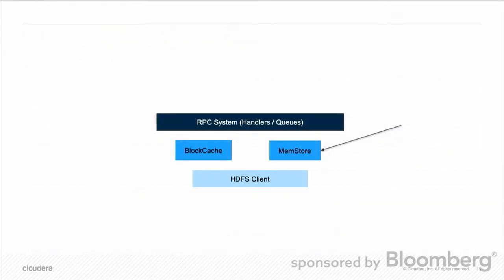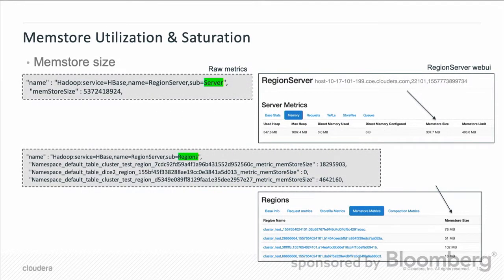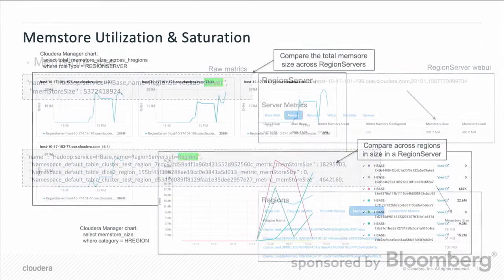All right, let's take a look at the Memstore next. Memstore utilization is exposed at several levels: servers, tables, and regions. Here I'm showing just the server and region level raw metrics, along with the web UI information. So I think it's fairly easy to understand the utilization of Memstore.